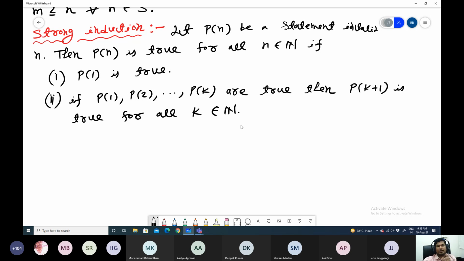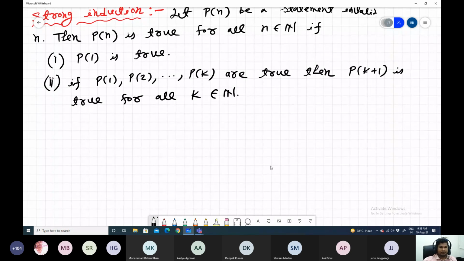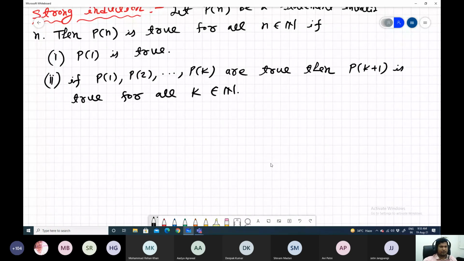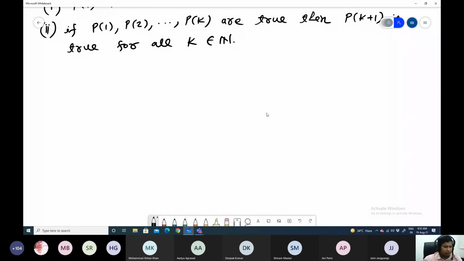That is the reason it is called strong induction. But if you look at the version, it is a little bit weaker. So we should not go into which is weaker and which is stronger. That is strong induction. Right, now we see the proof.